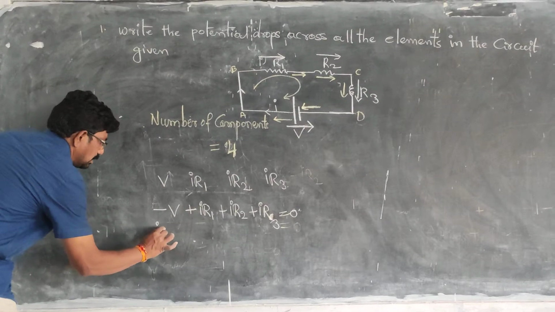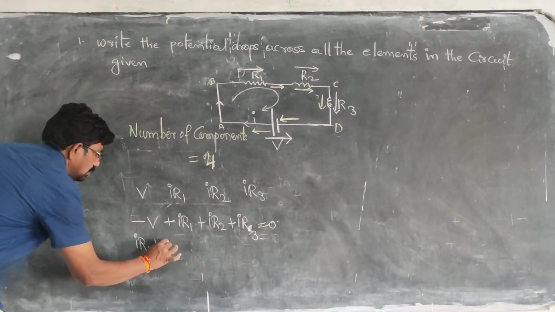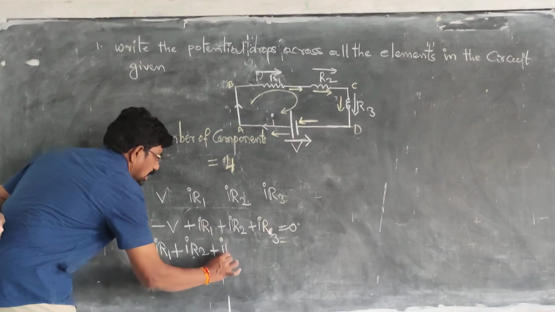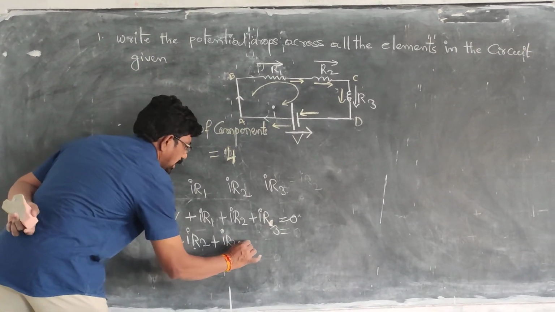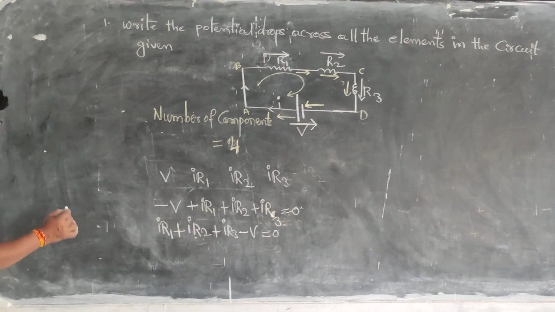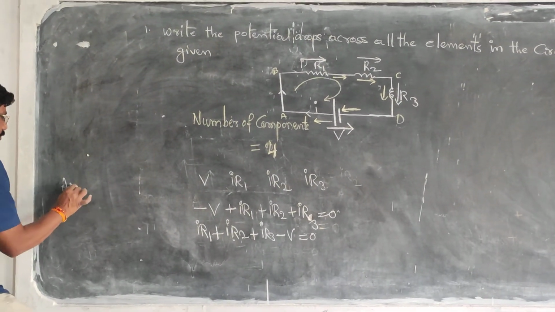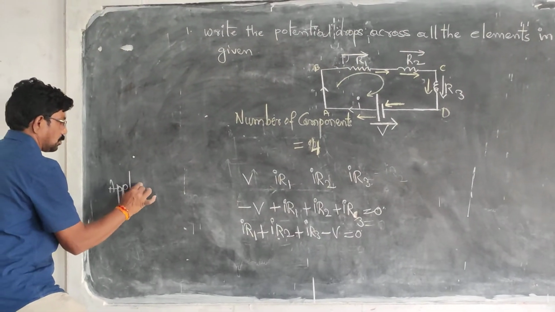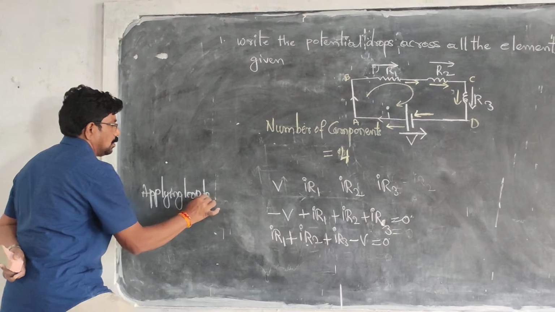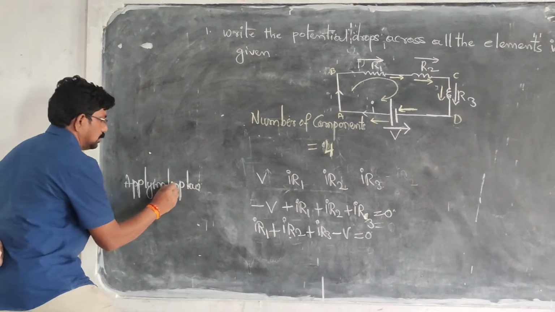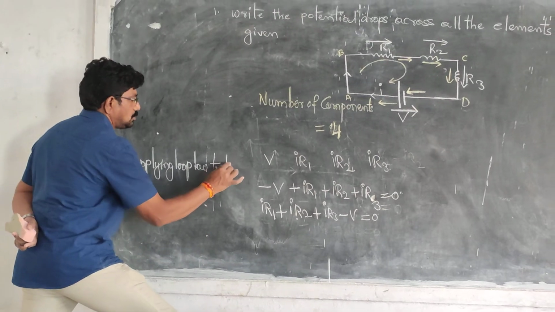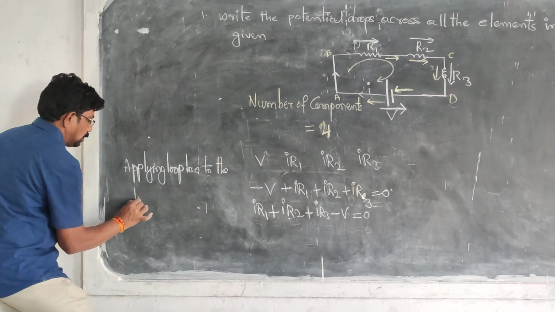Or if I write, IR1 plus IR2 plus IR3 minus V is equal to 0. So, applying loop law to the loop.